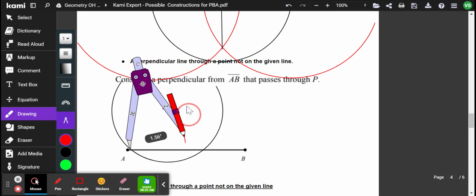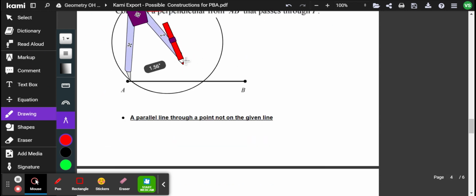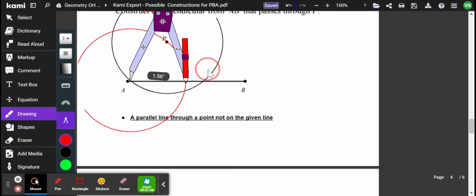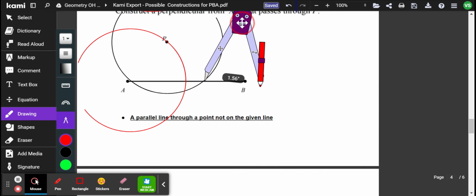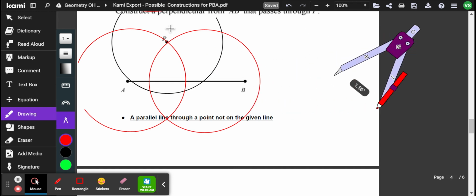It's not giving me space, right? And once I make that circle there, I go to the other intersection here because I know this point is the same distance from that perpendicular bisector, and I make my circle there. So now I know the perpendicular bisector is going to pass through that point P.